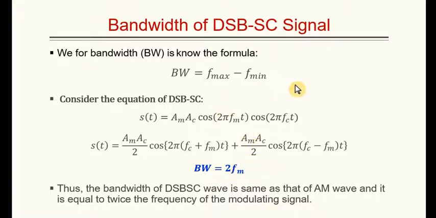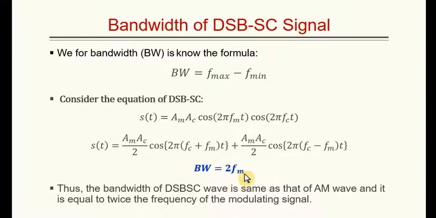In the case of the sinusoidal wave, we have only one frequency component, which is fm. Thus, the bandwidth of the double sideband suppressed carrier wave is the same as that of the AM wave, and it is equal to twice the frequency of the modulating signal.